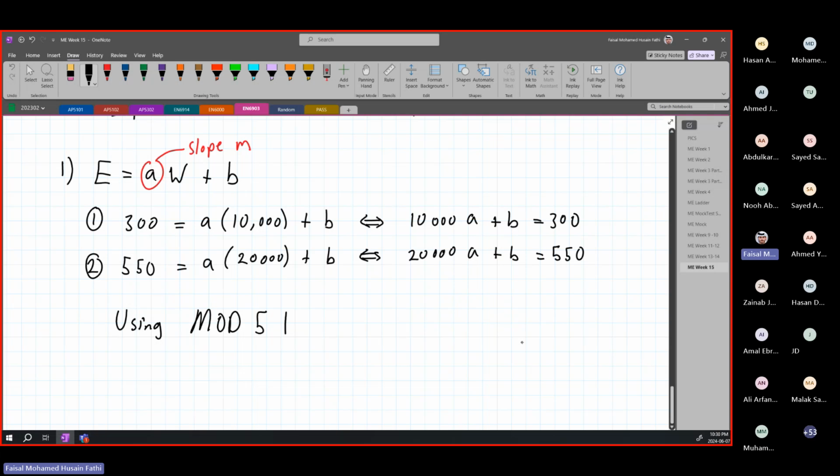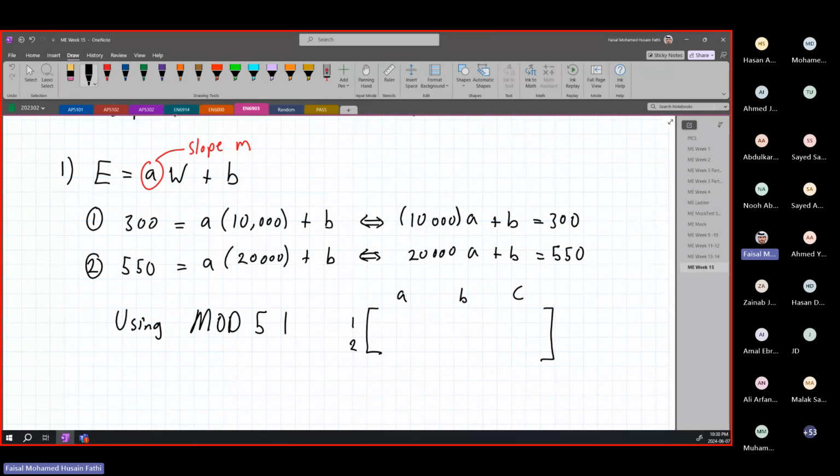You hit mode 5.1 in your calculator, you're going to get some box or array like this, where you have 1 and 2 over here, and you have A, B, C, and the array is closed. So this is your A, this is your B, and this is your C, okay?